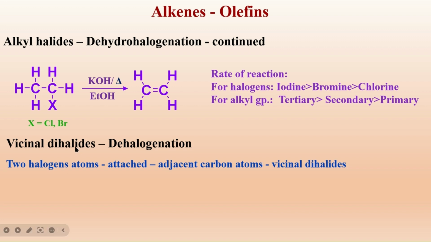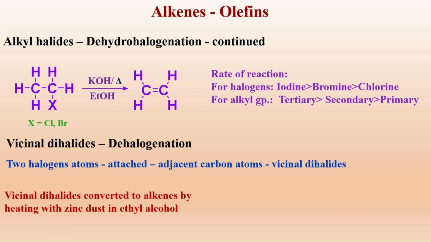Dihalides means two halogen groups attached, and the halogens are on adjacent carbons. When two halogen atoms are attached to adjacent carbons, it is called a vicinal dihalide.